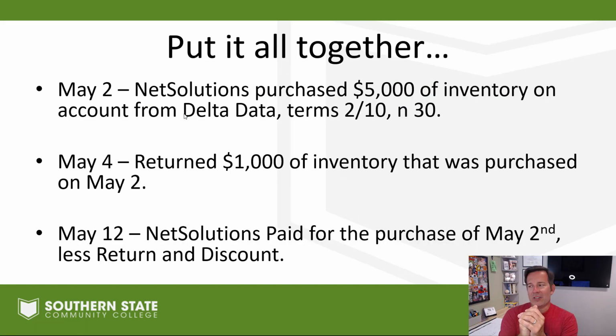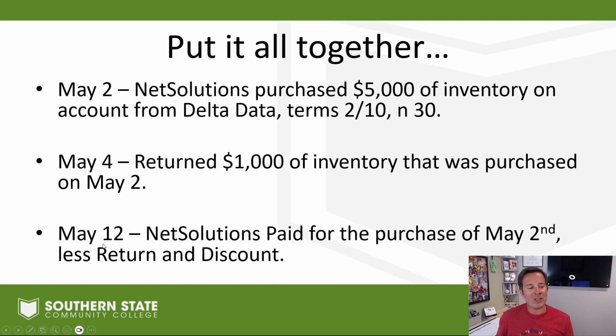Let's put it all together. Let's do 3 transactions. I'm going to have you work them out, and then we'll check your work as we like to do here. May 2nd, Net Solutions bought 5,000 of inventory on account from Delta Data, terms 2/10 net 30. Hopefully you know how to read that by now. May 4, returned 1,000 of the inventory that was bought on May 2nd.